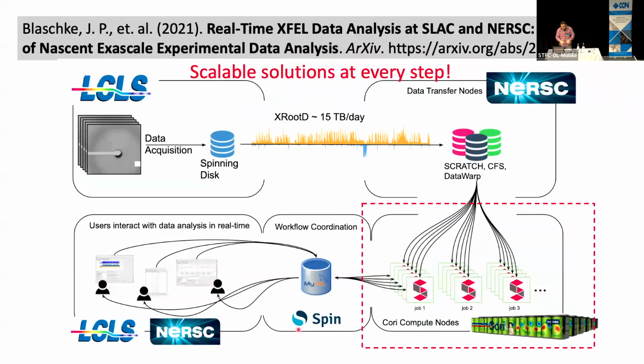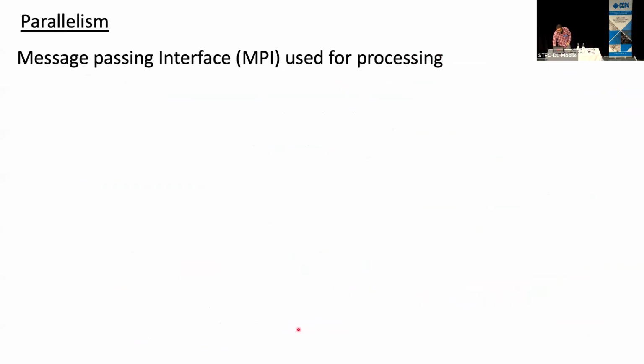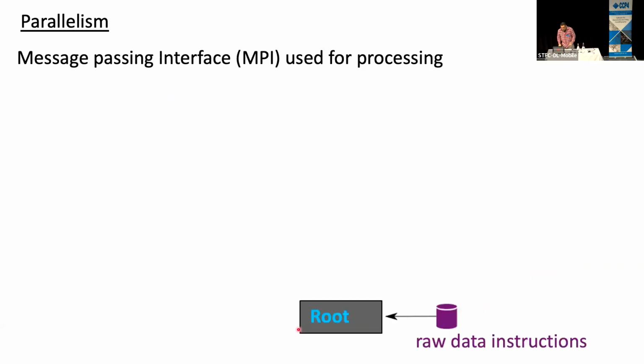Okay, so then once your data are at your superfacility, you need to process them. And we use MPI to manage the fact that we're using multiple computers to process our data. And so MPI will launch a root process, which we feed the raw data instructions file.